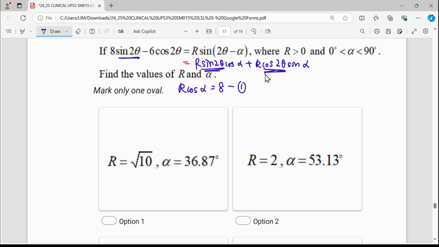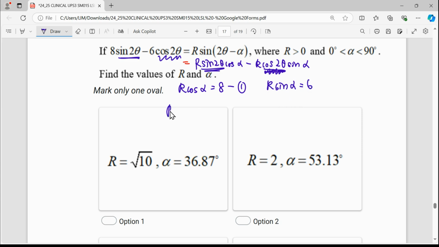Cos theta here, coefficient is 6. So R sine alpha is 6.